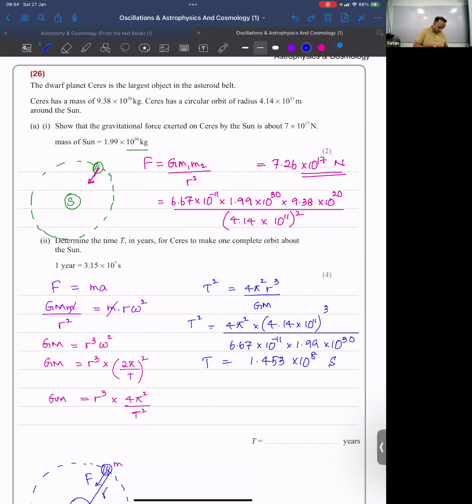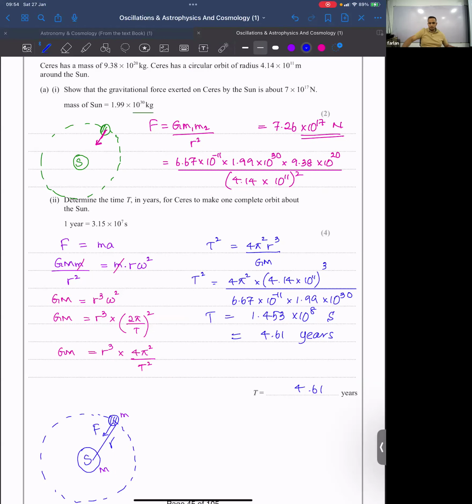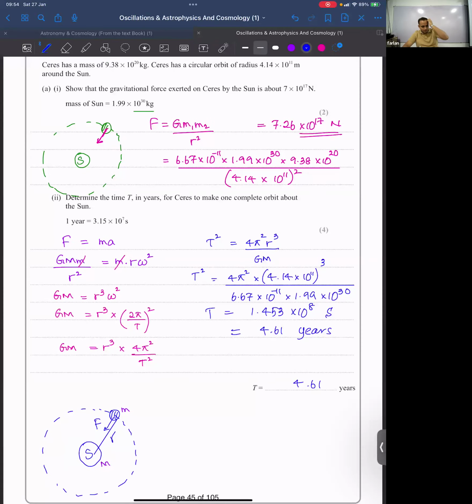Divide by 3.15 into 10 to the power 7, which gives you 4.61 years. Correct me if I'm wrong. This is the time taken for the dwarf planet Ceres to go around the sun. Take it down.